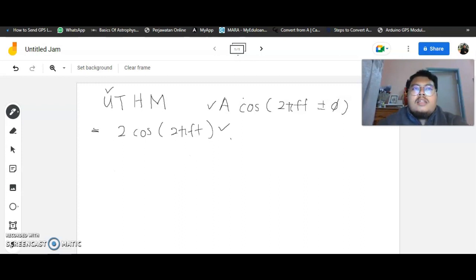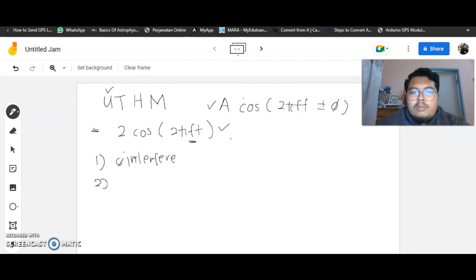The next thing is we want to choose the frequency for this equation. We are not going to use the same frequency, because it can cause the signal to interfere, and the signal may also be lost.